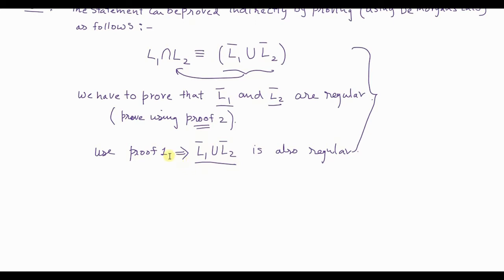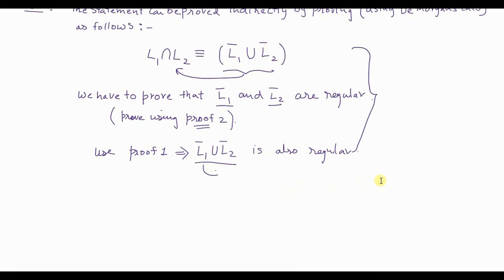Now before beginning this proof number 1, you can say given two regular languages L1 bar, L2 bar, because when you reach here you already know that L1 bar and L2 bar is regular. So proof number 1 then gets modified like this.